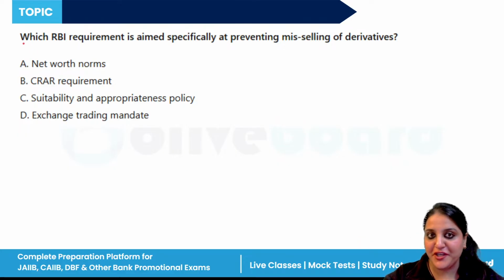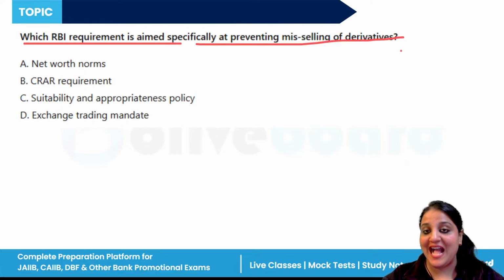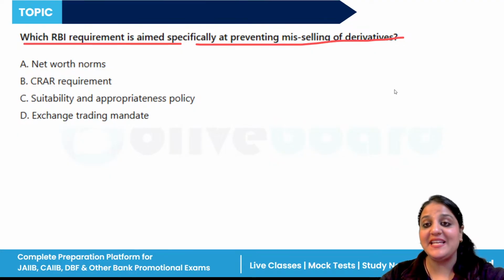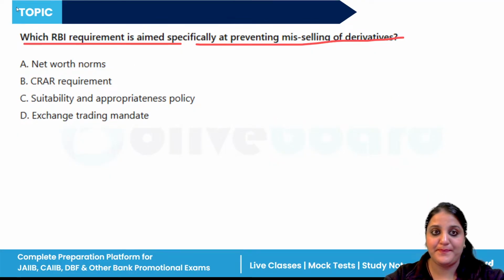So which RBI requirement is aimed specifically at preventing mis-selling of derivatives? RBI mandates banks to follow a suitability and appropriateness policy that ensures derivative products match the client risk profile.